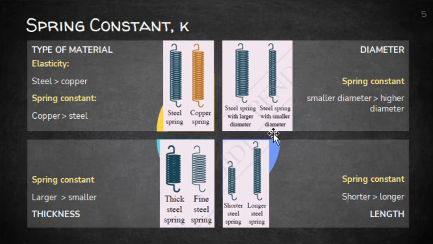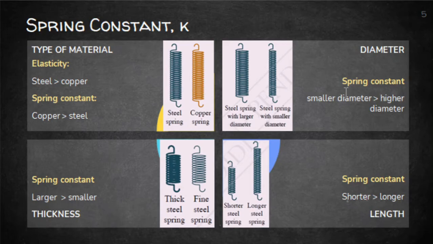So a spring with smaller diameter needs more force to stretch it to a higher extension. You must understand that elasticity and spring constant are inversely proportional. So you need to remember only one characteristic so that you can compare later.